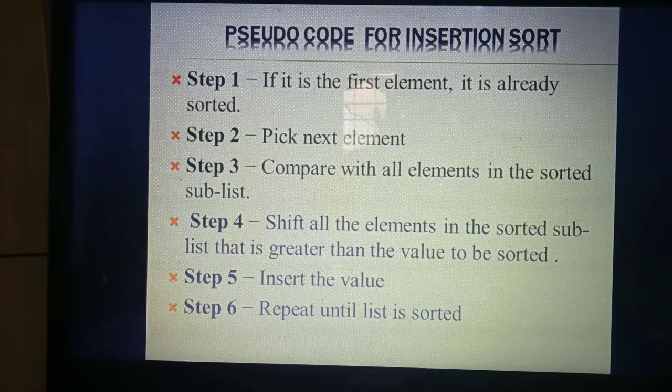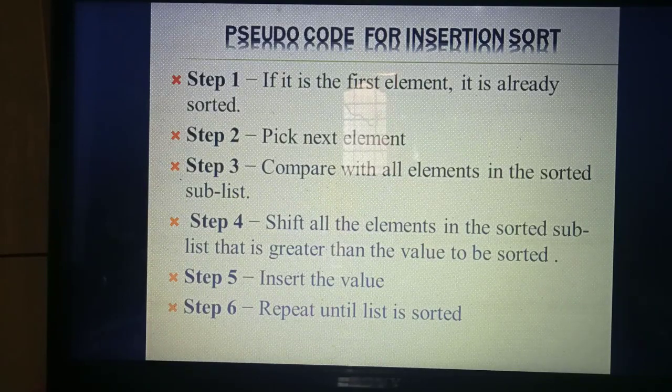Then, if the element is greater, you need to shift the element, and the smallest element you need to place at the first. Shift all the elements in the sorted sublist that are greater than the value to be sorted. That means if a value is greater, you need to shift it from that place and keep the smallest value at the first. Understand? What's the meaning?